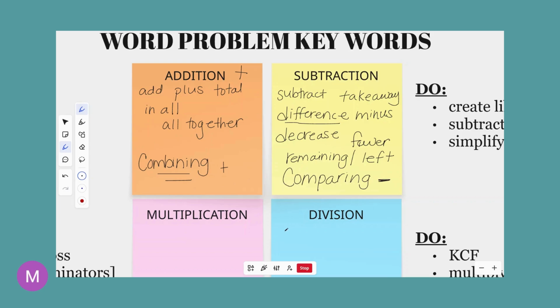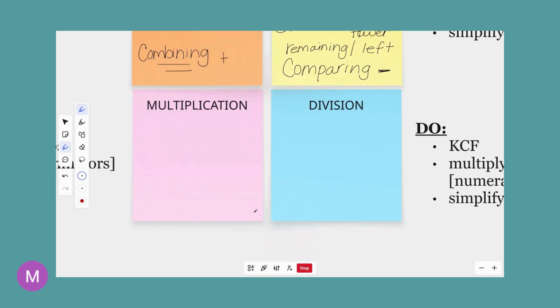All right, multiplication. So for multiplication, remember multiplication is fast addition. So sometimes they'll use words and phrases that could apply to either one. For instance, if you say altogether, that's another clue for multiplication.